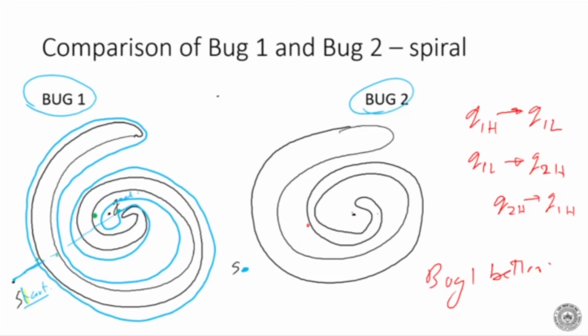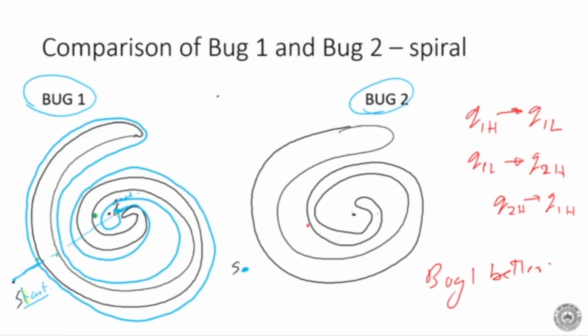Now it knows, because it has seen the full circumference or the exterior boundary of the spiral, it can find the leave point which is nearest to the goal point. So it will go till here, and then it will reach the goal from there.